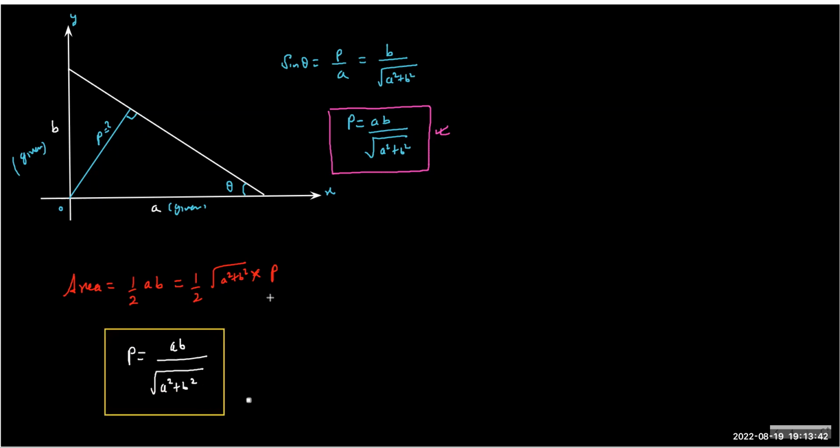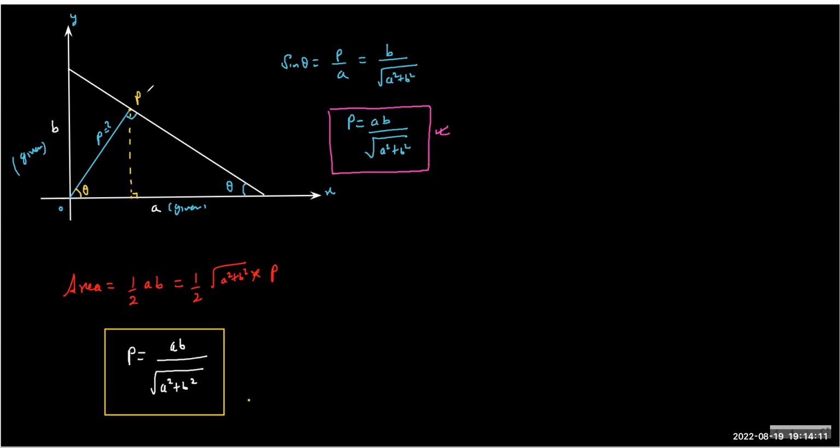So this is how we get the perpendicular through the area definition. We can use trigonometry to get it, and of course, the third method is what? Finding the equation of a straight line, finding the coordinate of this point. So you have to draw a perpendicular from here. And once you draw a perpendicular, so if this is P, the coordinate will be how much?